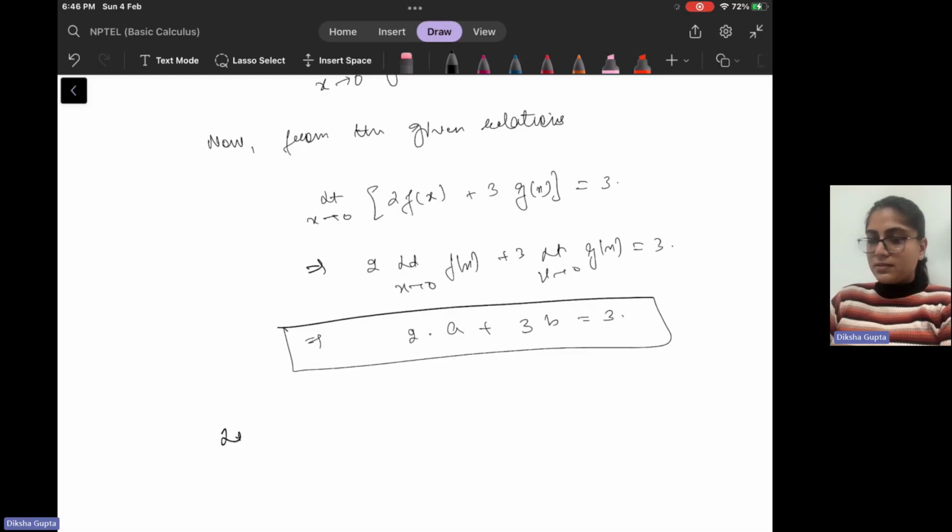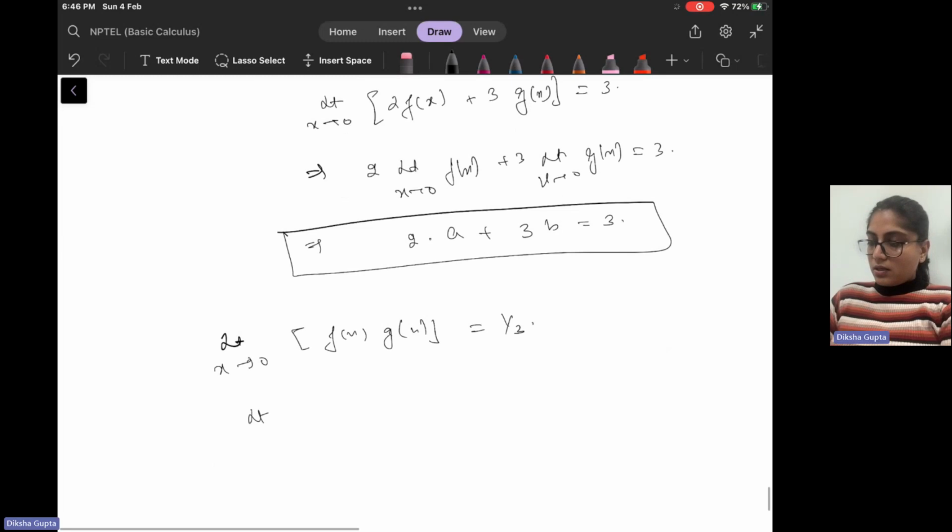Now the second relation we have been given is limit x tending to 0 f(x) g(x) is 1 by 3. Since we have assumed that the limits of f(x) and g(x) both exist, we can separate the limits, but take care, you cannot always do that.